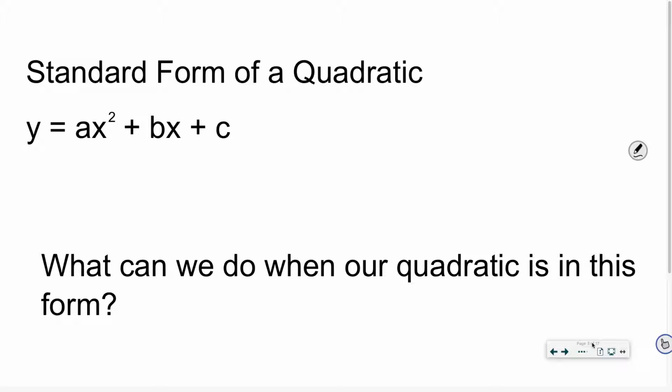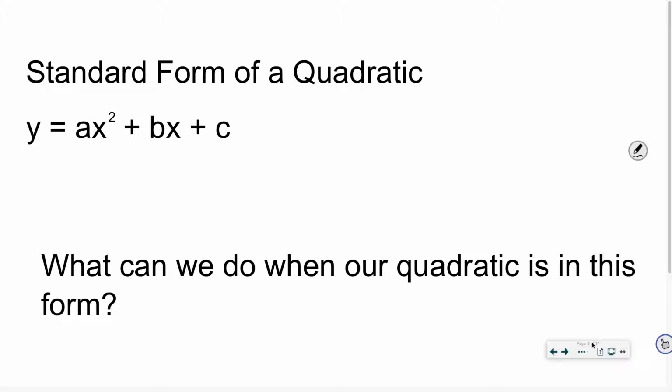And what were we able to identify when we had a quadratic in that format? When we were graphing. No, I'm not talking about an equation. We're talking about a function right now. So if I was to graph this, what can I do in this format? What were the things that I was able to easily identify? The y-intercept. Yeah, the y-intercept is what value? The c value, absolutely.